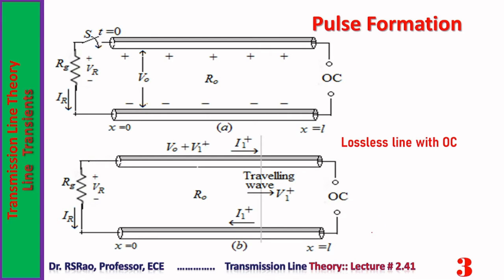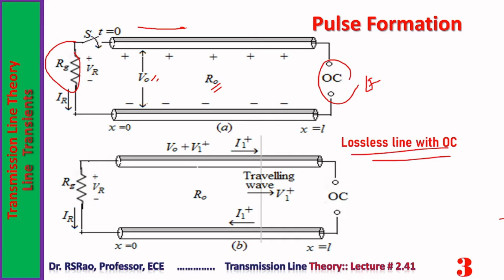The line is illustrated here, a lossless line with open circuit. On one side it is open circuit, characteristic impedance is R0. On the source side it is connected to a certain resistance Rg. The line is charged to a certain voltage V0. This is the situation before the line is switched to resistor Rg. After switching, what happens?